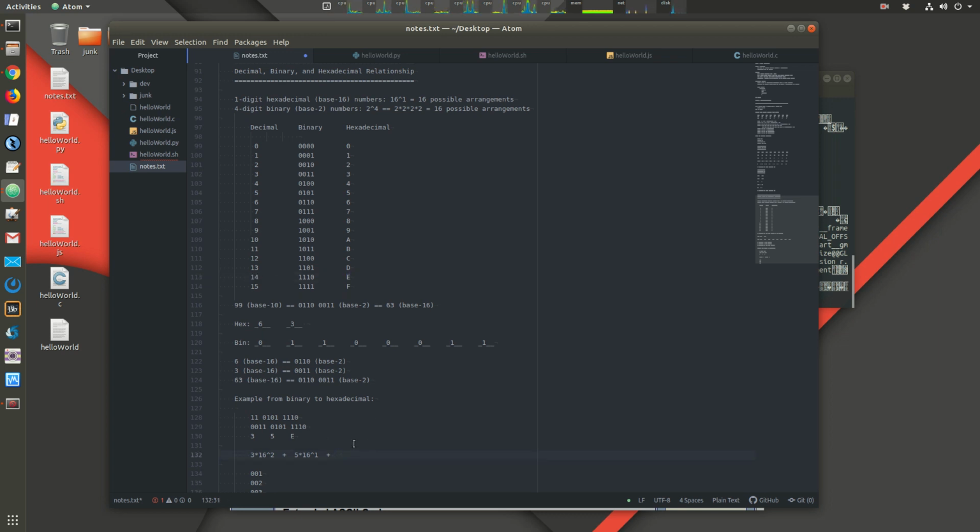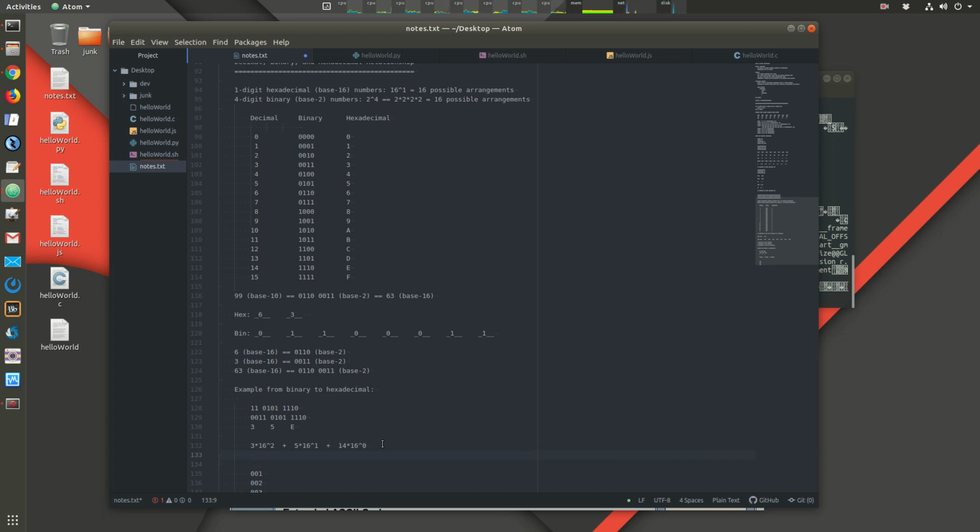So we have 14 of these units, times 16 to the 0 power. So again, it's the same thing: the base to the power, and then the number in that position. We have an E, and we have to translate that to 14 real quick. 14 times 1, because 16 to the 0 power is 1.